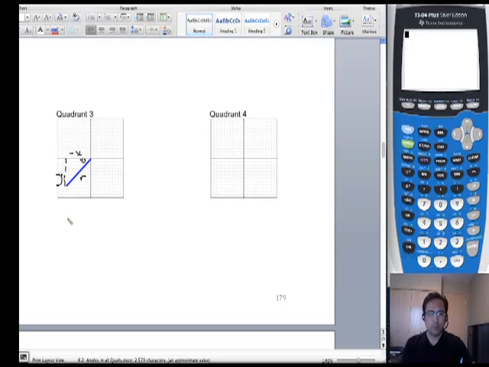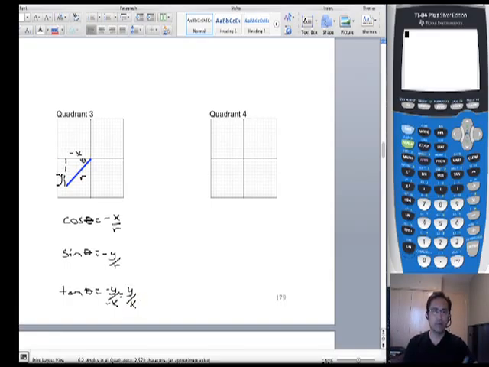So cos theta is equal to negative x divided by r. Sine theta is going to be equal to negative y divided by r, which would be a negative ratio. Tan theta is going to be equal to negative y divided by negative x, and negative divided by negative is a positive. So in quadrant 3, tangent is the only one that's positive here.